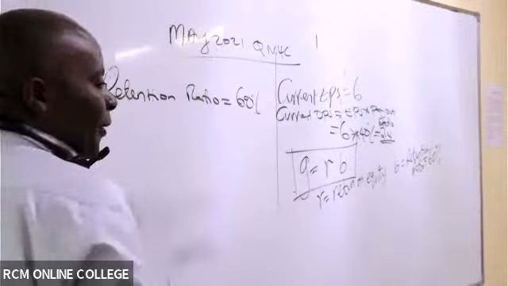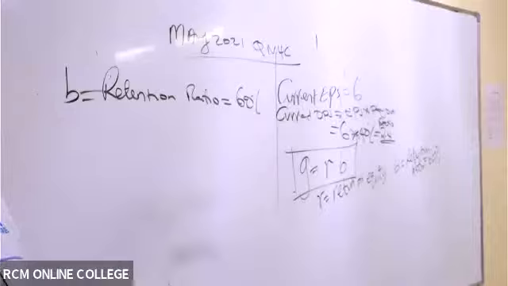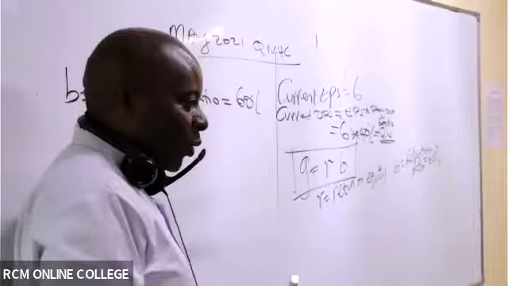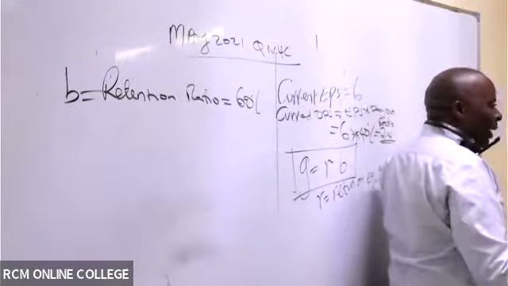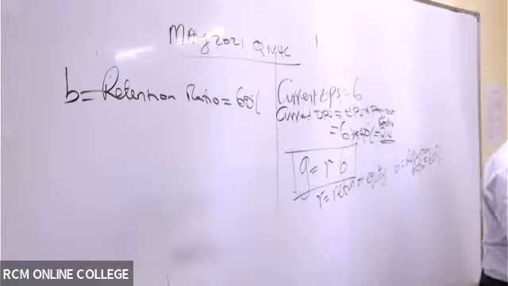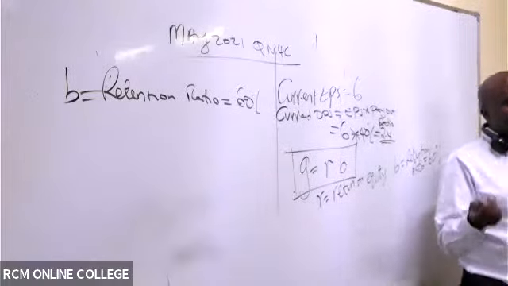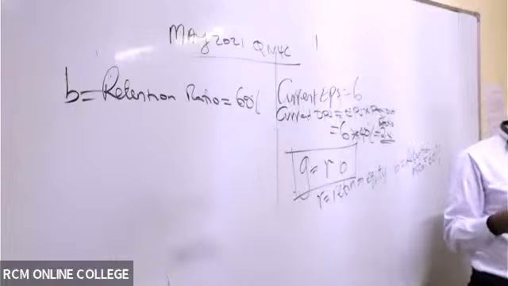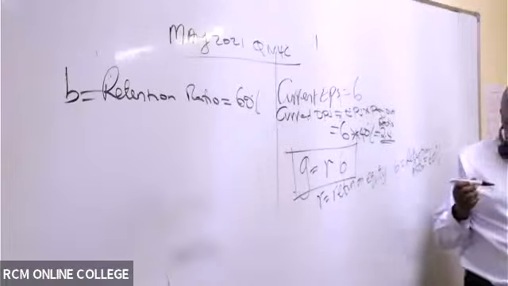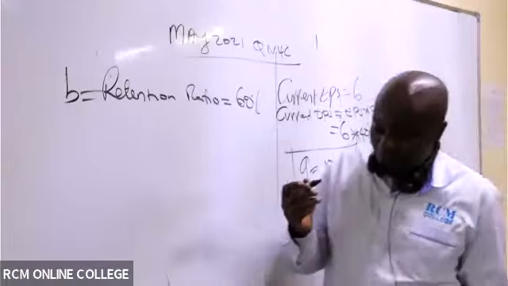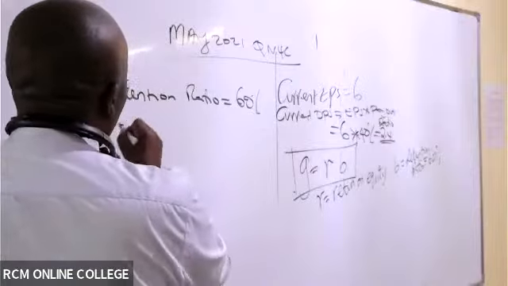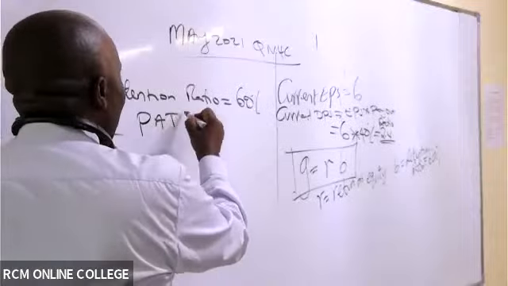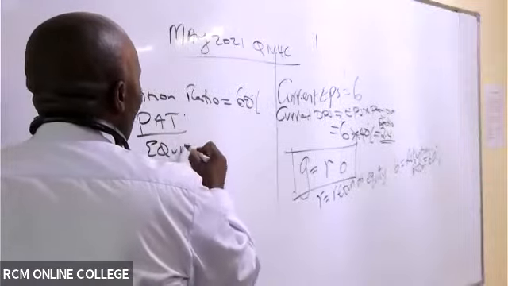How about our R? Return on equity. So equity holders normally get what we call earnings after tax. Profit after tax belongs to equity holders. So anytime they tell you, ladies and gentlemen, to give us a return on equity, always take the PAT divided by the total equity.